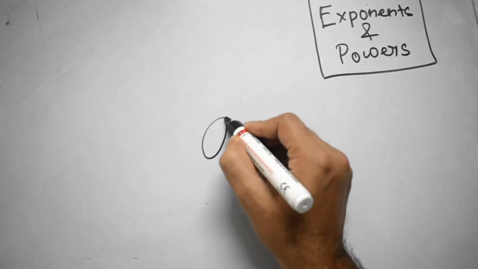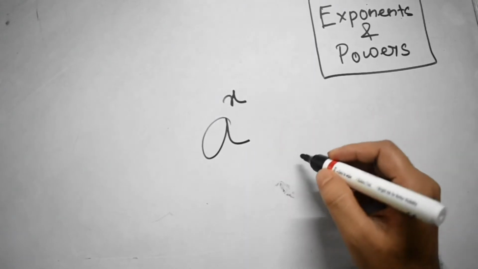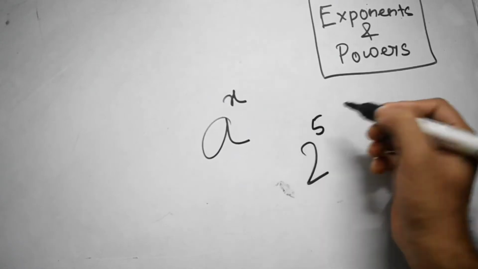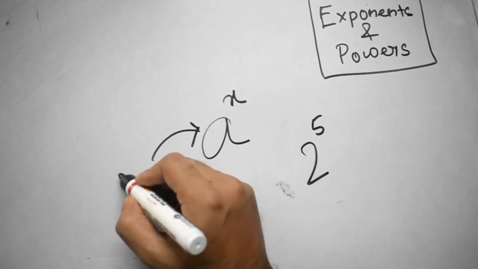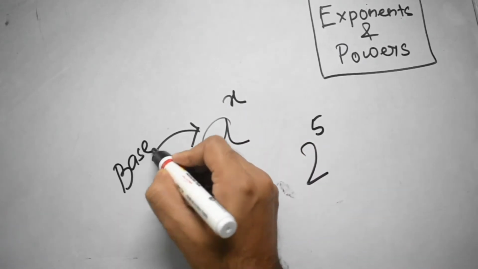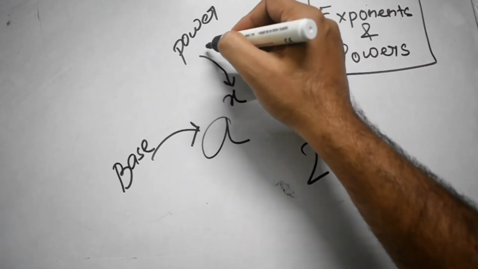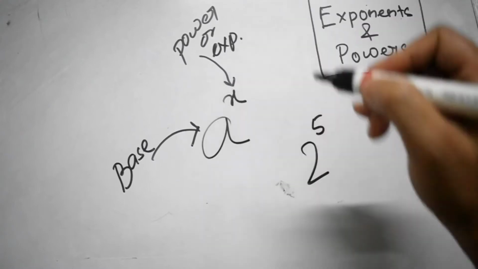Suppose we have a number which is a to the power x. This is the general form. Now let's talk about a real form, let's say 2 to the power 5. Here a is known as base and this x is known as power or exponent.